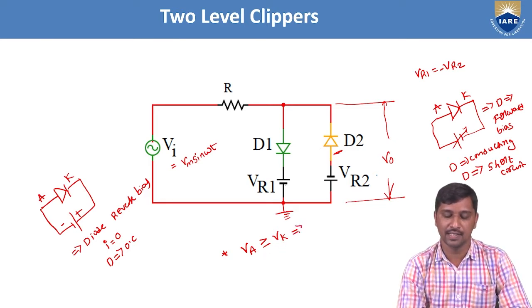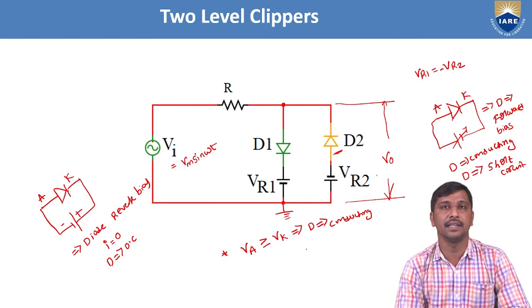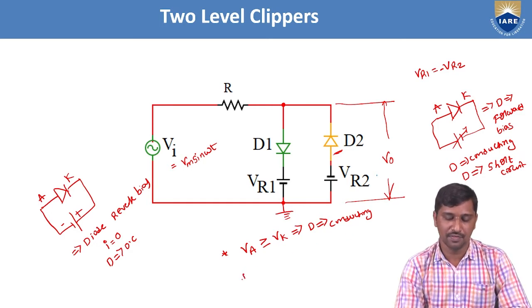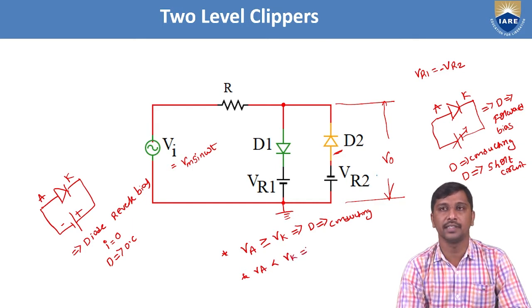Then only can we say that the diode is in the conducting state, so the diode allows conduction across the given network. Similarly, if the anode voltage is less than the cathode voltage, then the diode is in the non-conducting state.